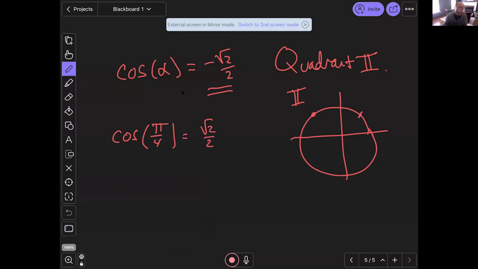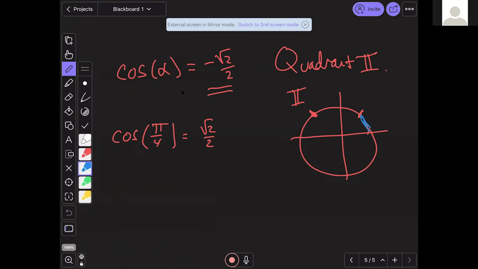So pi over 4 is over here. Now I need to think about what is the angle in quadrant 2 that corresponds to this same value, cosine of pi over 4. Does anybody know what that angle is? Is that 3 pi over 4? Yeah, so this is pi over 4, and then if we go all the way here, we can break it up into 3 pieces.